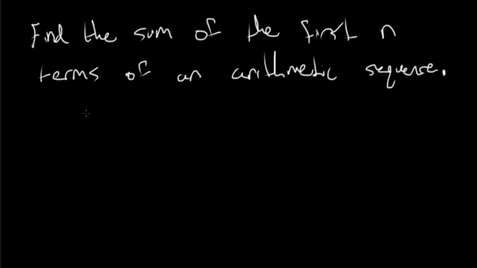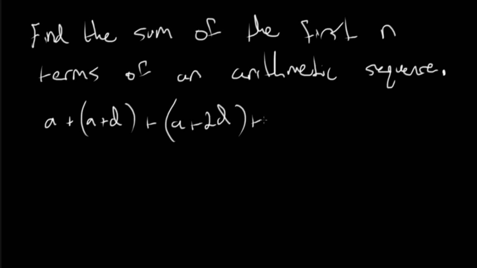The first thing I'll do for you is write down what the sequence is. The first term is A. The next term is going to be A plus D. The next term is going to be A plus 2D, A plus 3D, A plus 4D, and so on and so forth until you get to A plus n minus 1 times D.